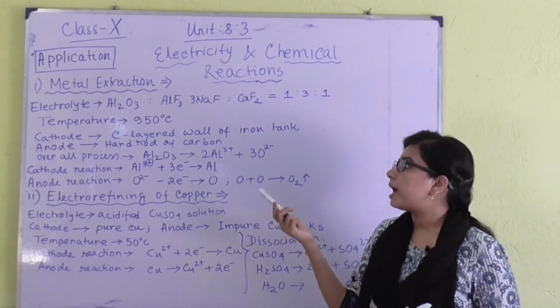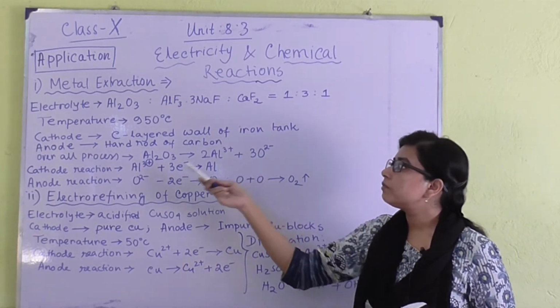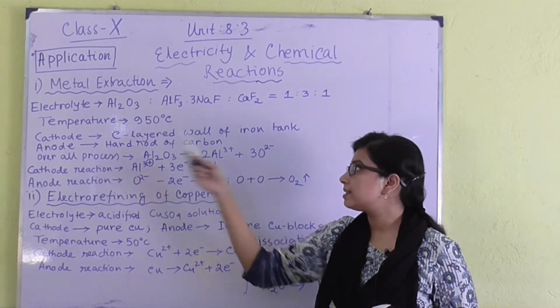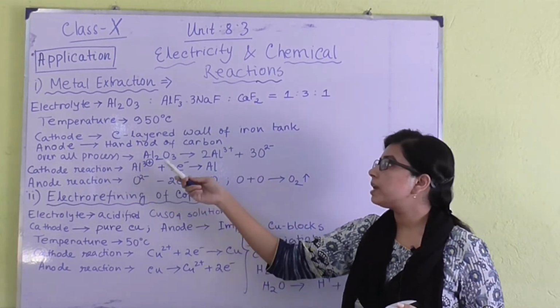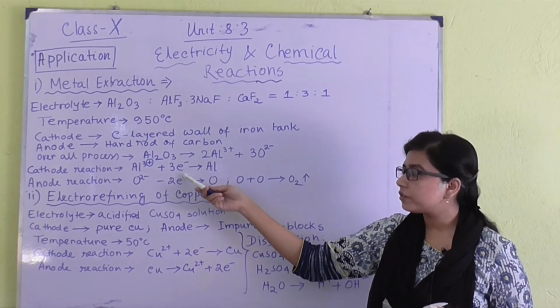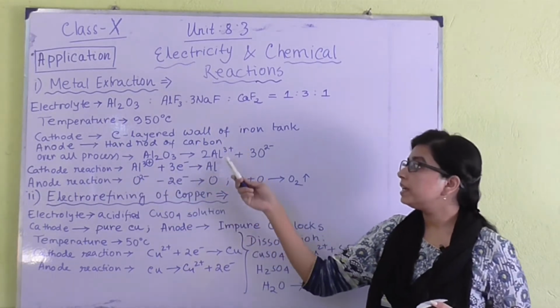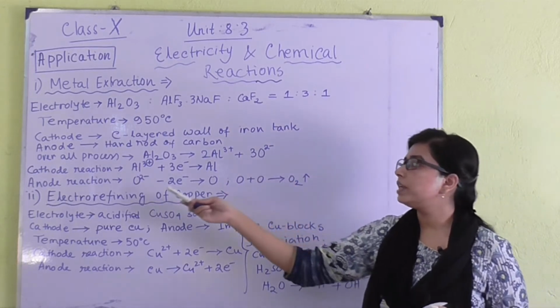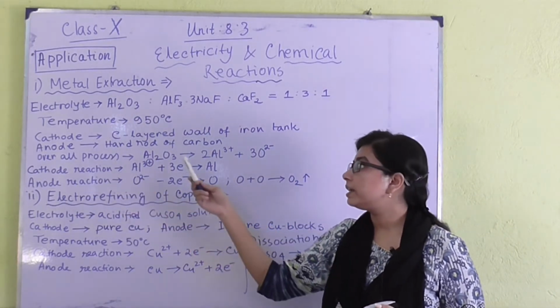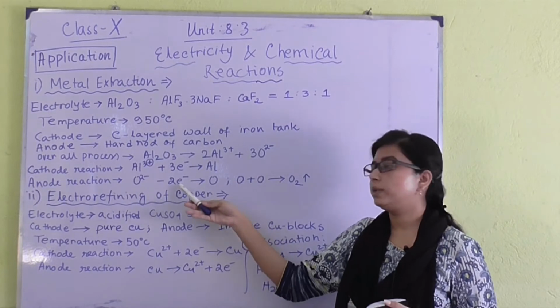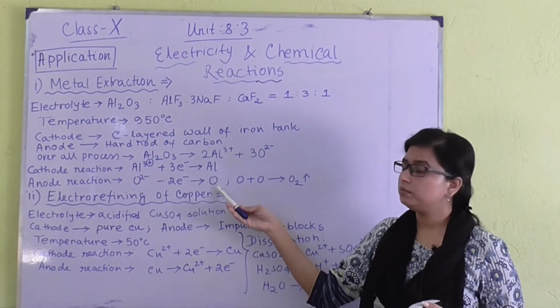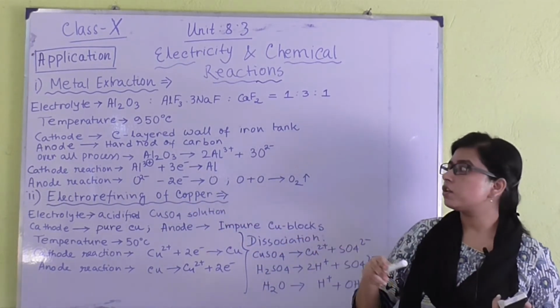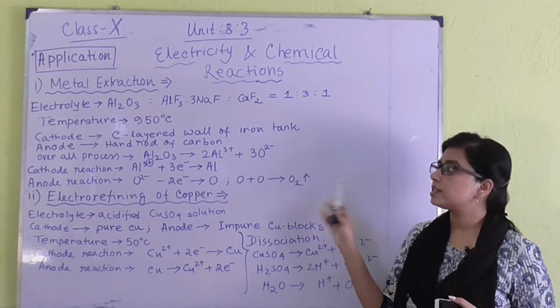As we know, aluminium will move towards the cathode as it is a cation. So Al3+ will consume 3 electrons at the cathode, forming aluminium metal, and O2- will move towards the anode and reject 2 electrons, forming an oxygen atom, and combining with another oxygen atom it will form an oxygen molecule.